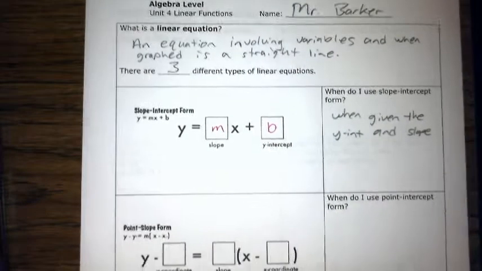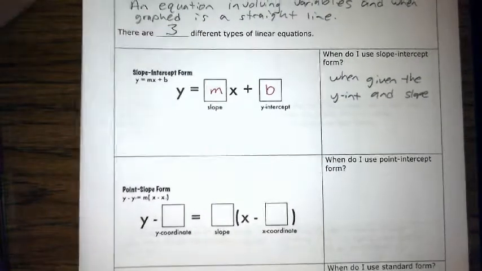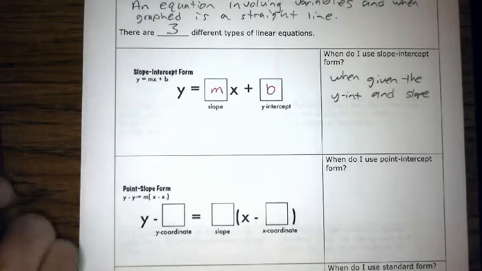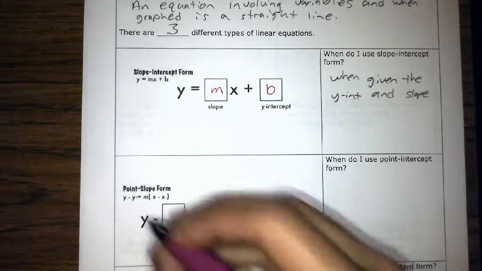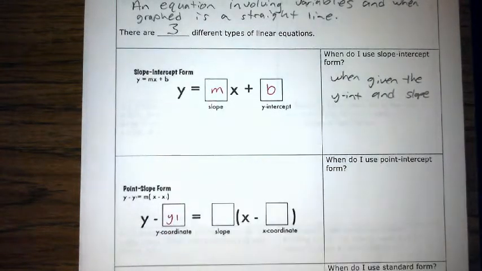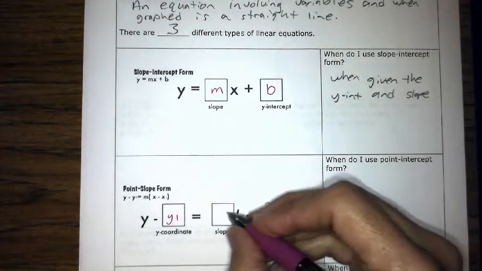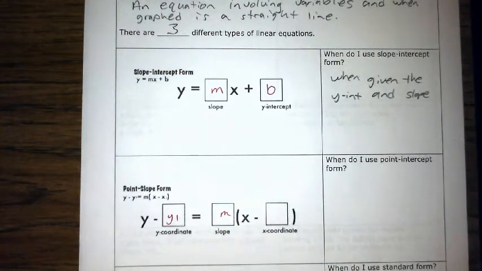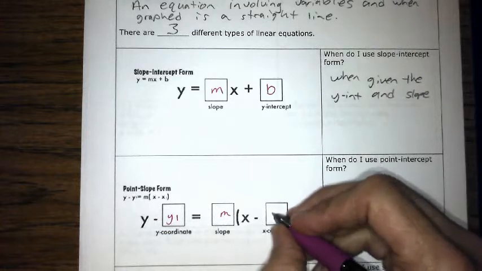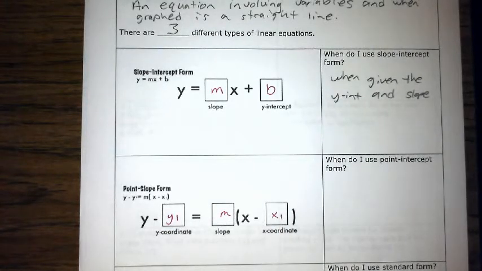Another one that we've talked to you about is this guy right here, okay? This was the point slope form. Okay, that was the nasty looking one that you guys didn't like very much. So that was the y minus y1, which was the y coordinate, equals the slope again, parentheses x minus x1, which was the x coordinate.